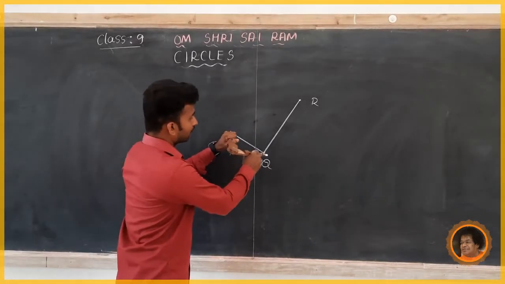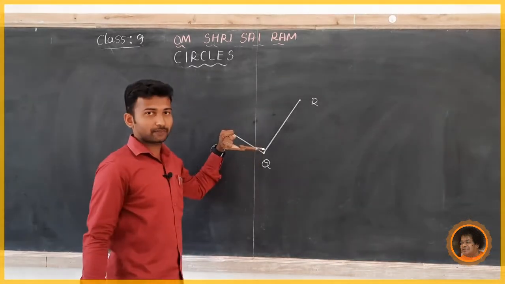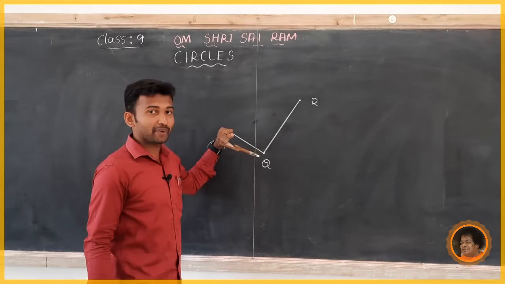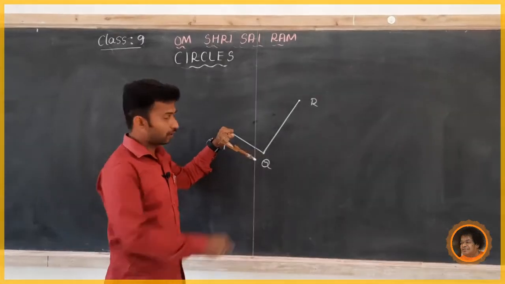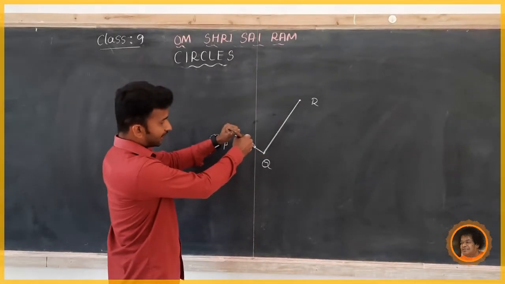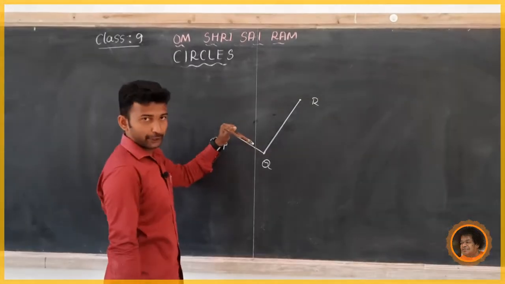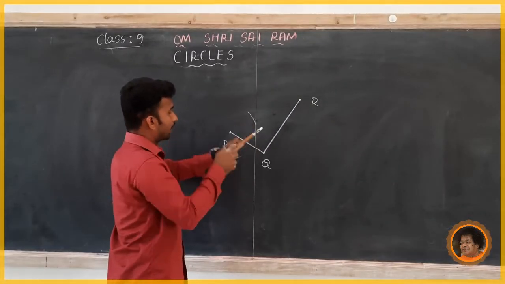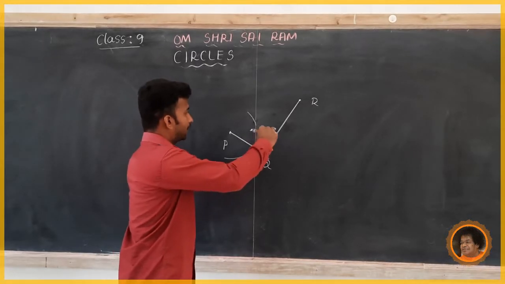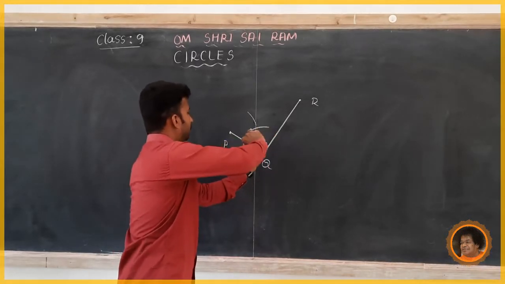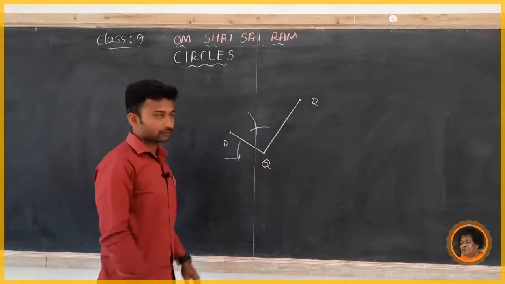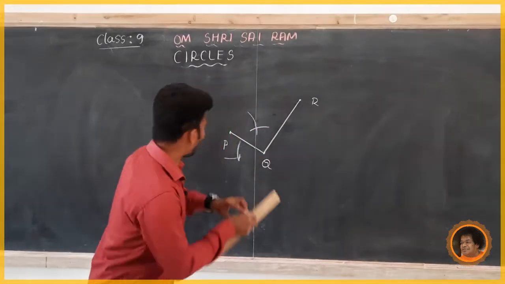By using a compass, we can construct the bisector of PQ. How? By taking more than half of PQ, draw two arcs at P and Q, then join the points of intersection.